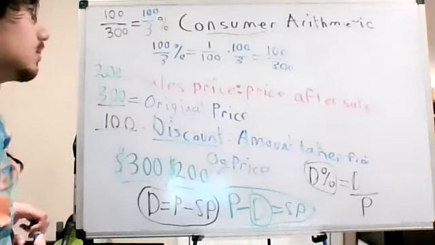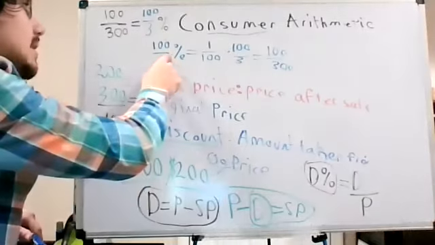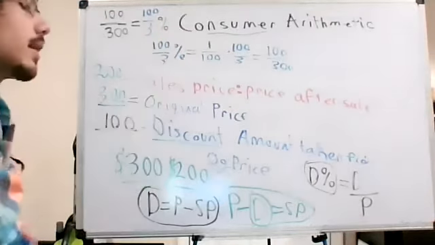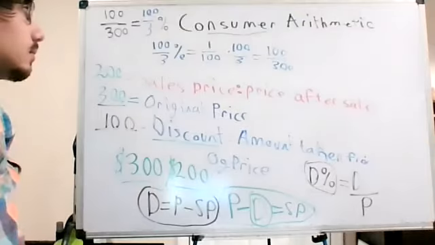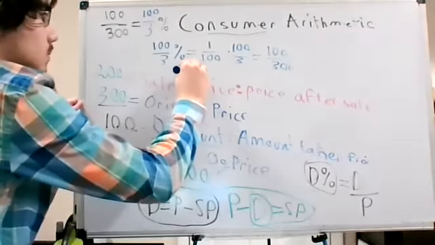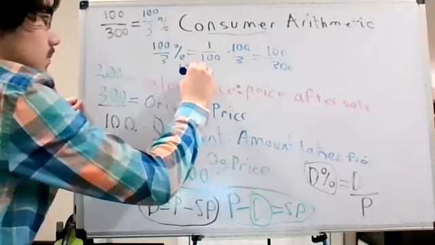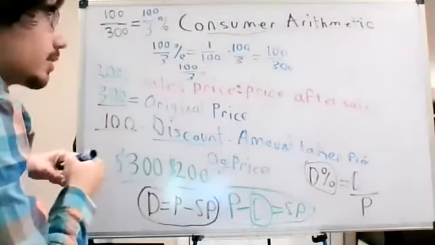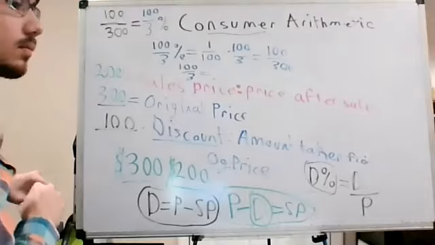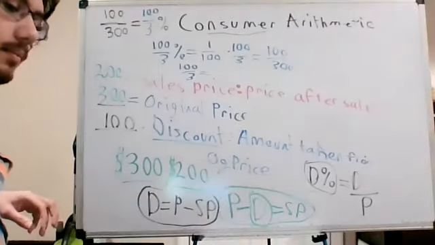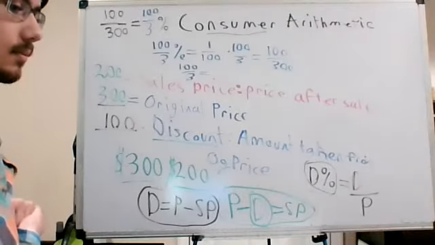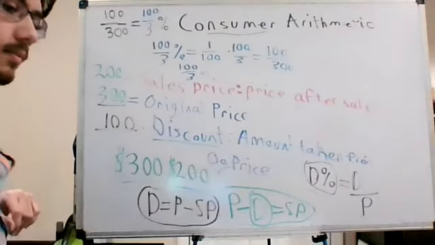So we can't leave our percent as a fraction. So what is 100 over 3? Could anybody do this math for me? Yes, sir, just now. Sir, it would be 0.333, keep going on.